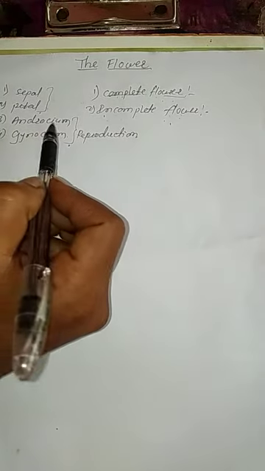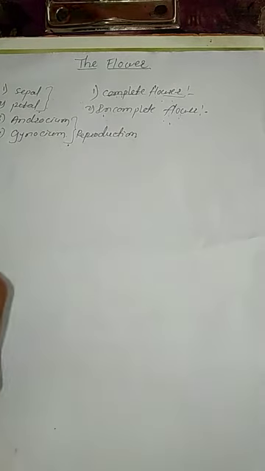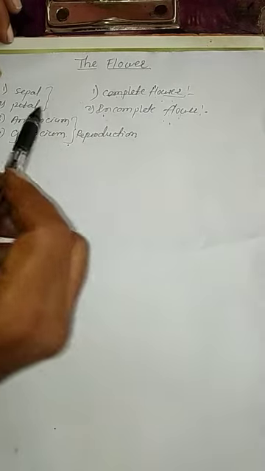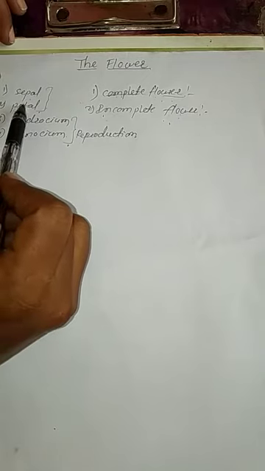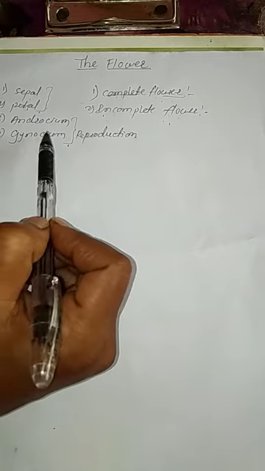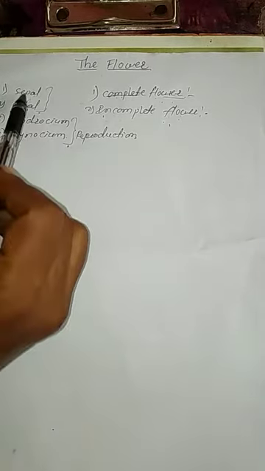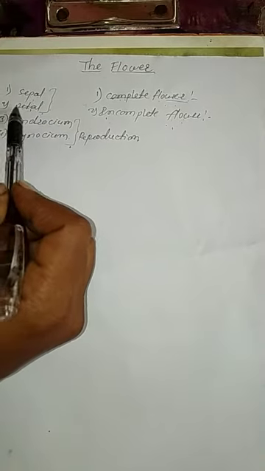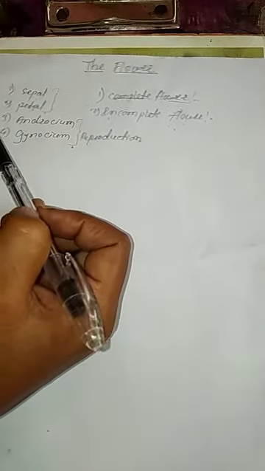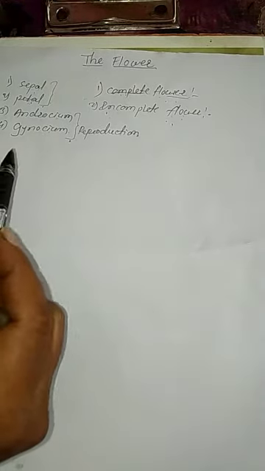In the last video I explained that in the androecium the pollen grain is the male gamete, and in the gynoecium the ovules are the female gametes. Okay, these 2 are the non-essential parts of the flower and these 2 are the essential parts of the flower.